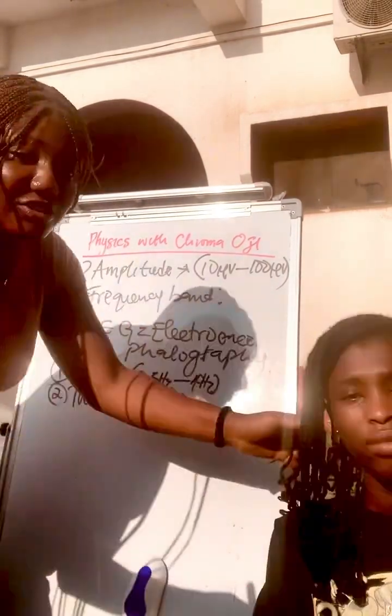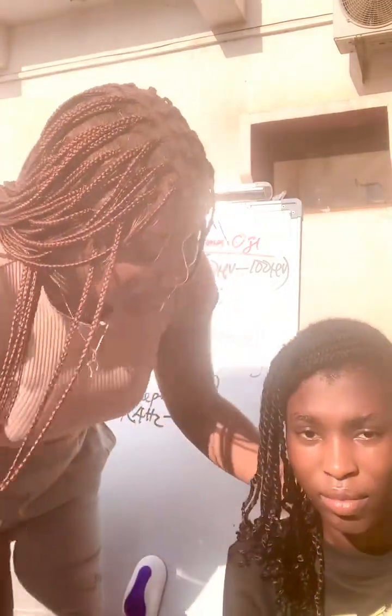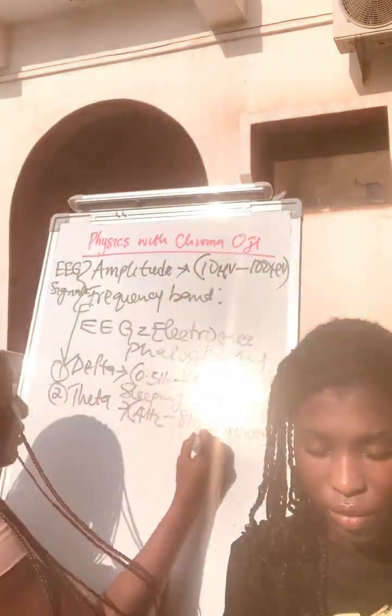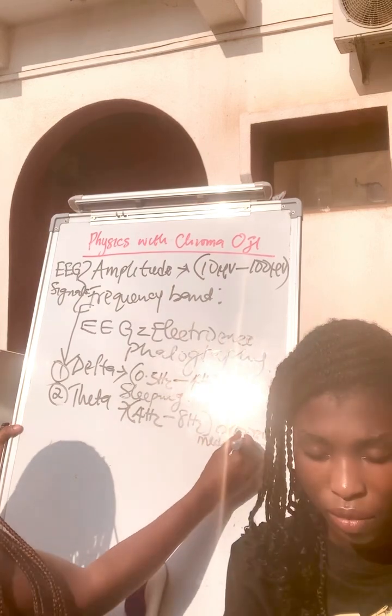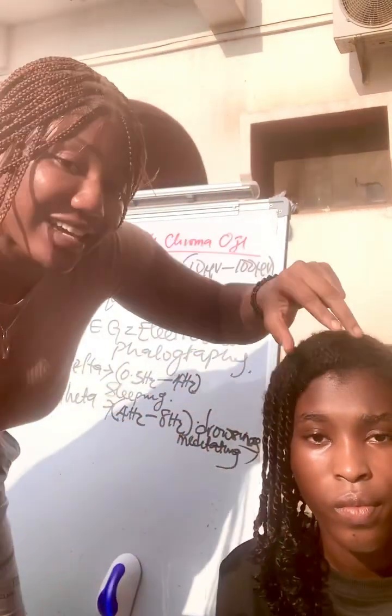Do as if you are meditating. She's meditating. At this stage, the brain has its own signal. You are meditating, reading in frequency 4 to 8 Hz.